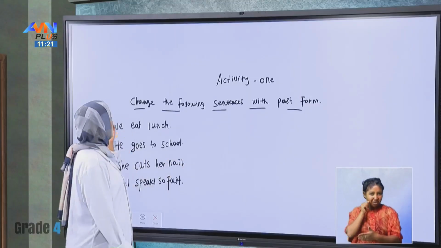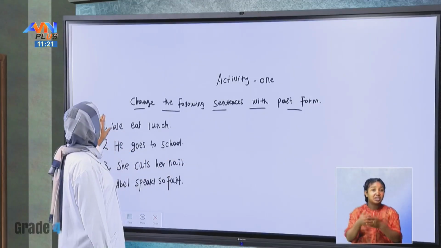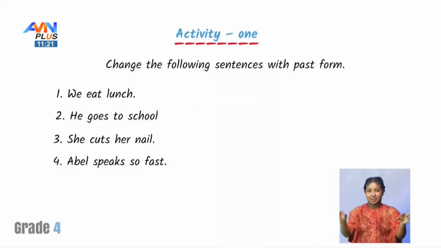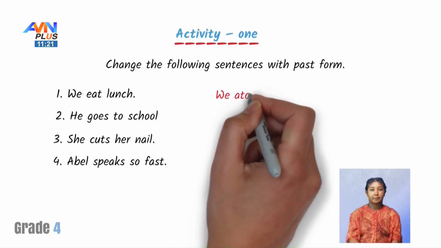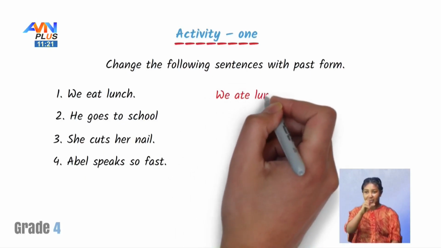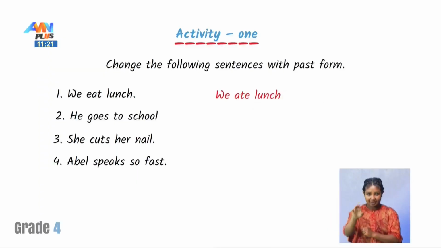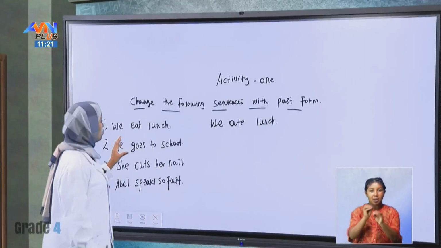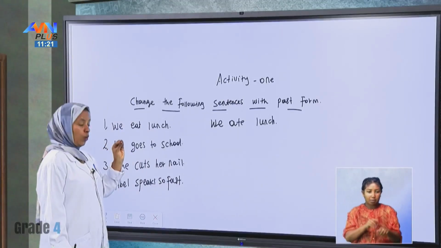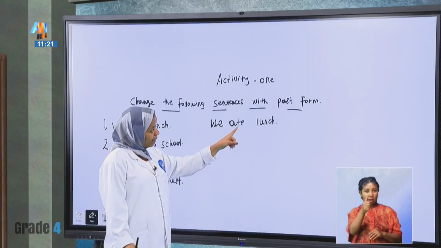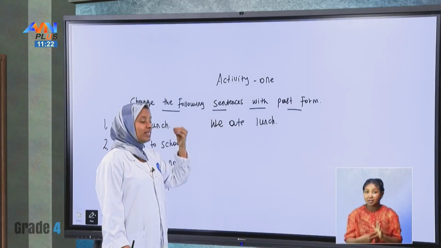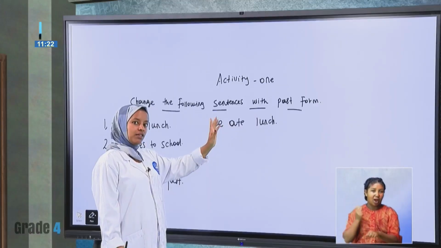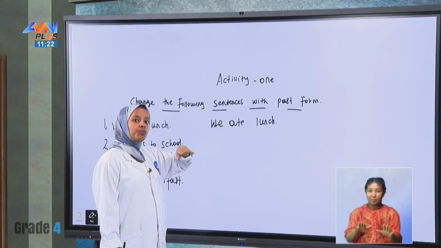But easily we can change this sentence by using ate. Here is a verb, lunch. Even without telling a specific time, when you see ate, you know this is a past tense that is completed already.